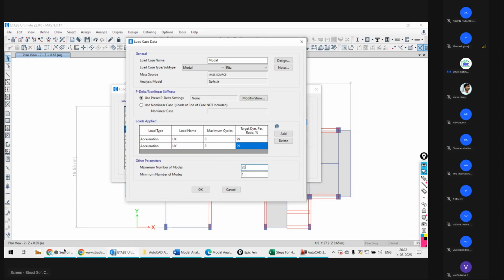Got it? You will say, no sir, I will take 20 only. You will say, no sir, I will take 30 only. Sir, this is number of stories or 6 into 3, whichever is more. We should take that, no sir? नहीं नहीं, एक्चुअली ये मैटर ही नहीं करता है. You can take 1, you can take 100. Getting? जी. तो उसका कोई मैटर नहीं.